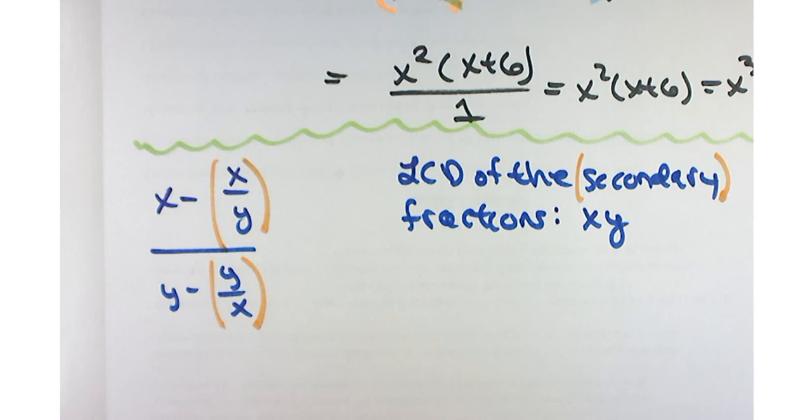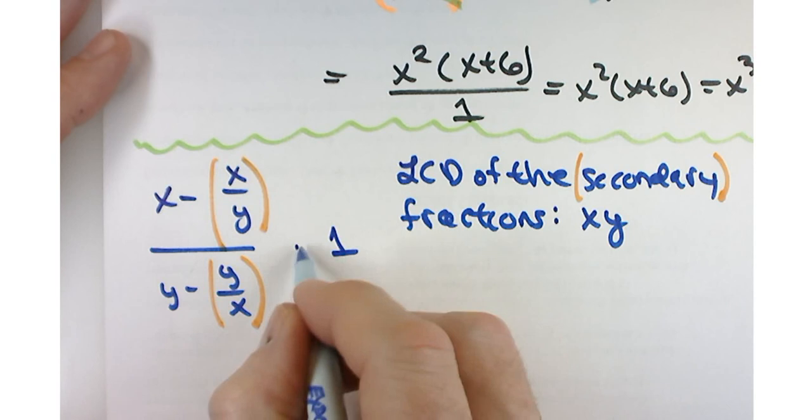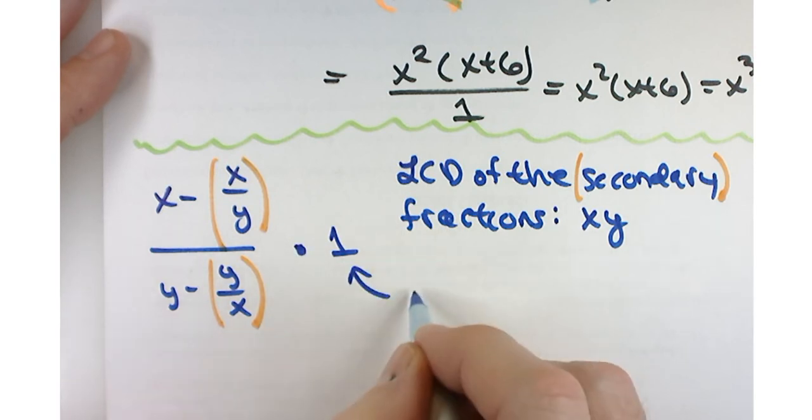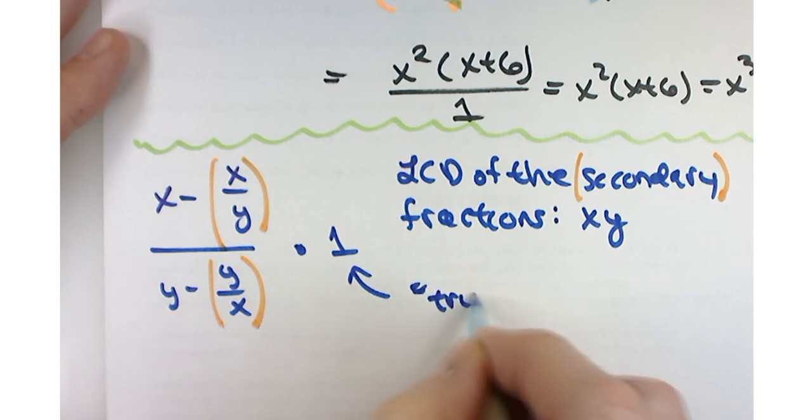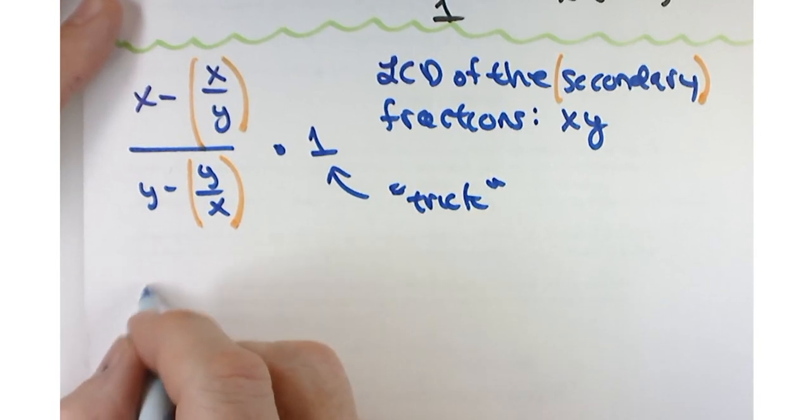So here's our trick. We're going to multiply by 1. That's our trick. The question is, what form of 1 are we going to choose?